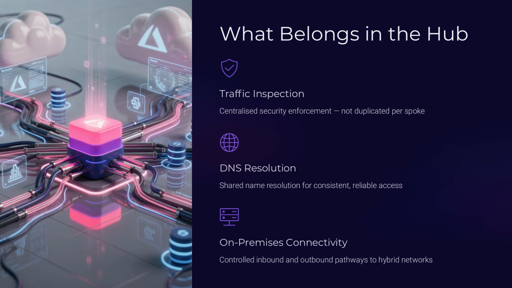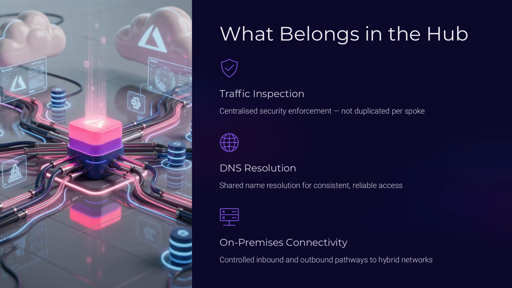With the pattern selected, you now clarify what belongs in the hub and why. The hub is typically where you place shared network services that should not be duplicated across spokes, such as traffic inspection capabilities, controlled inbound and outbound pathways, shared domain name system resolution, and connectivity to on-premises networks.